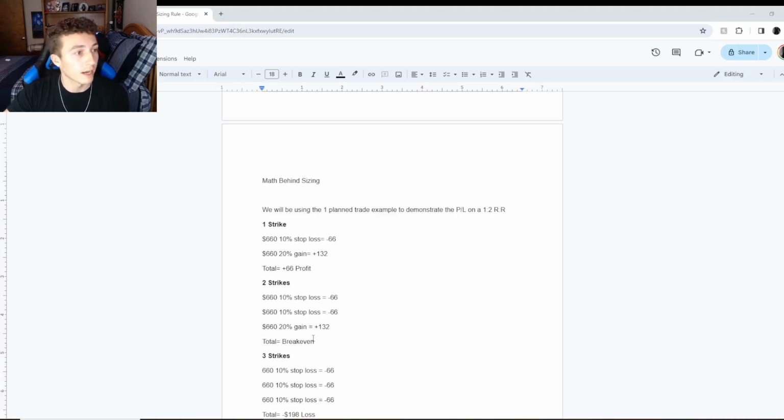That's for two strikes. Now, the amount of times that I have hit my stop loss 3 times on the same setup in one day, I could probably count on one hand.